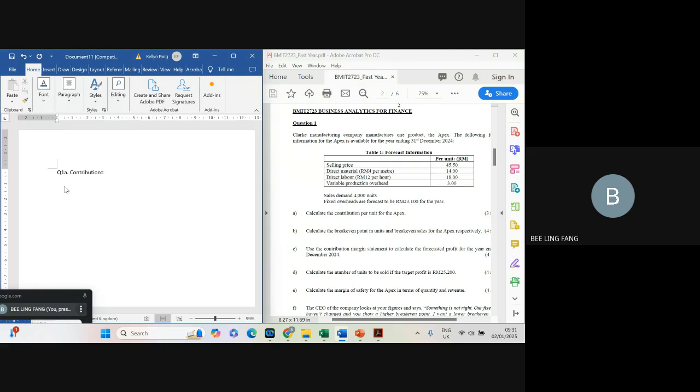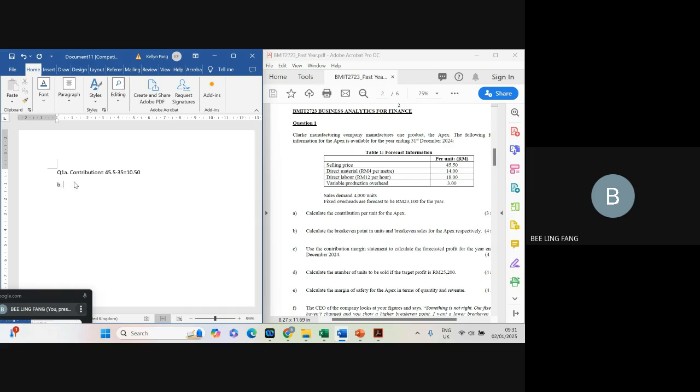No answer given, so you have to try. Okay, so this one is just a recap. So you just find the answer. That means the contribution margin. This is called contribution margin. So based on this contribution margin, you know how much margin you earn, right?